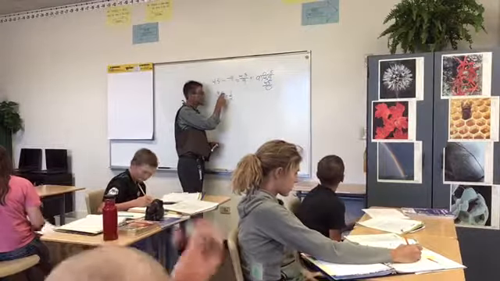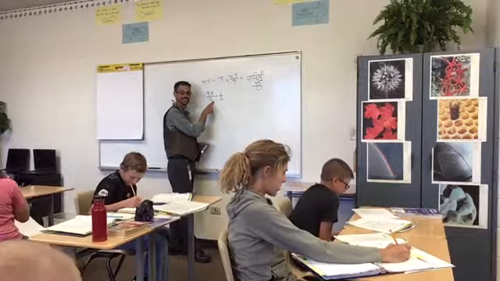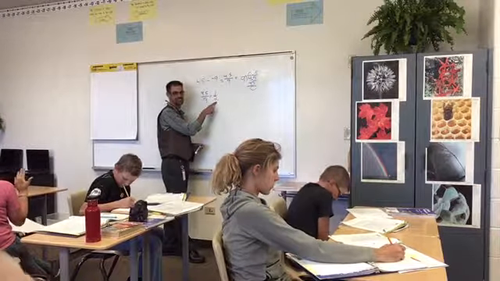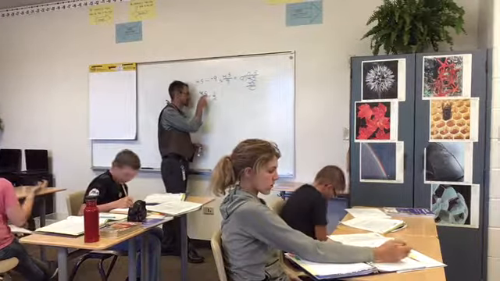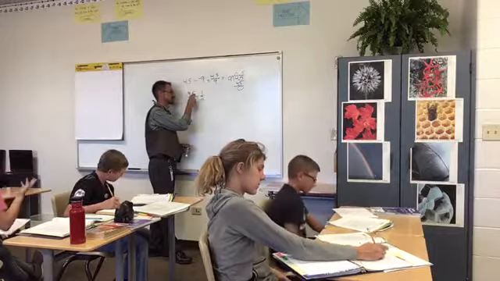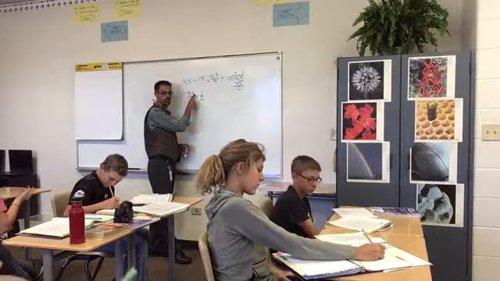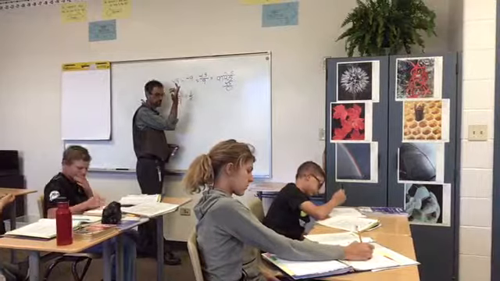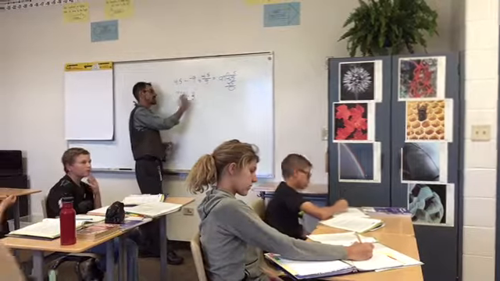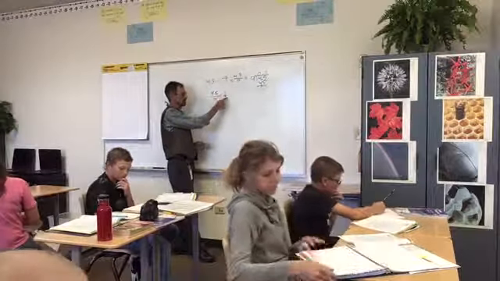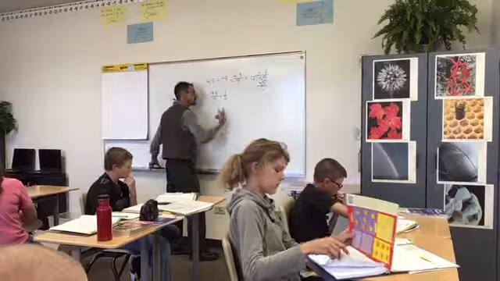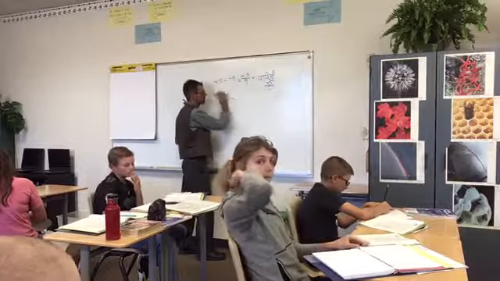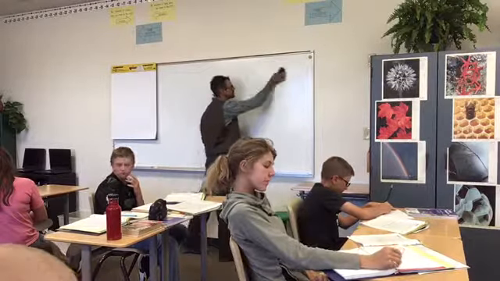Because look, how many times does 4.5 go into 9? A half. 2 times, right? That times 2 equals 9. This, how many times does 4.5 go into 4.5? 1. So these are equivalent fractions. Sometimes you see that and sometimes you won't. Okay.